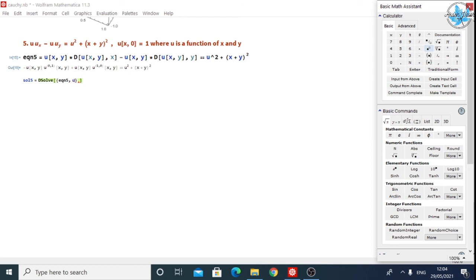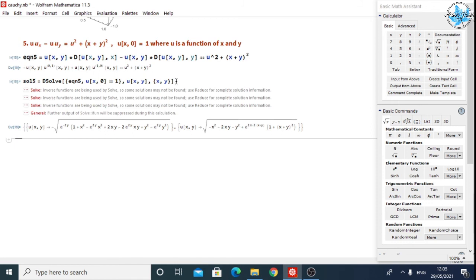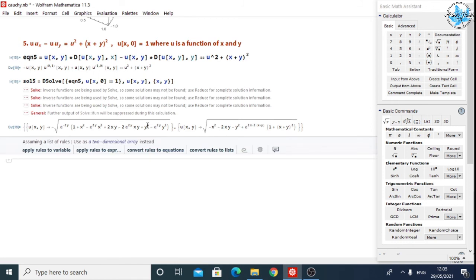Initial value is given as u of x comma 0, here your y is 0, which is double equals to 1, and here u is my dependent variable on x comma y. I hope it's clear. Then shift plus enter, then see this is my solution of the given equation.